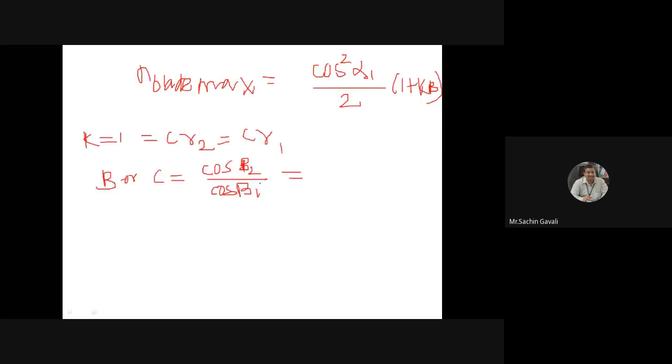If they are equiangular then it will become again 1. And for maximum blade efficiency it is expected that they should be equiangular.